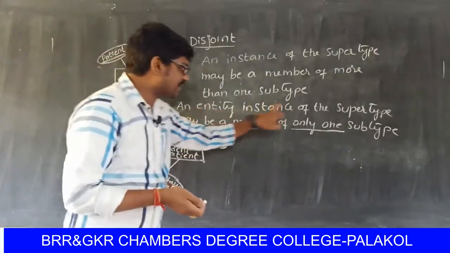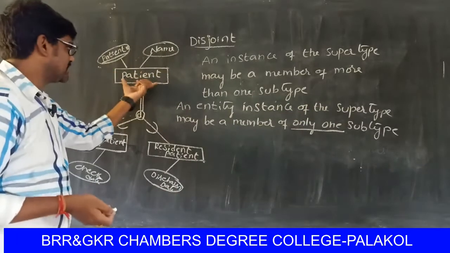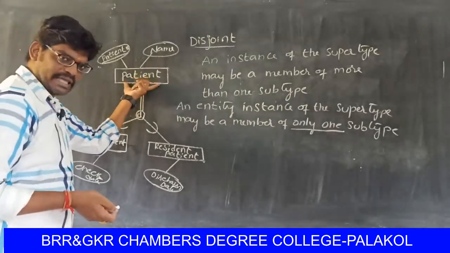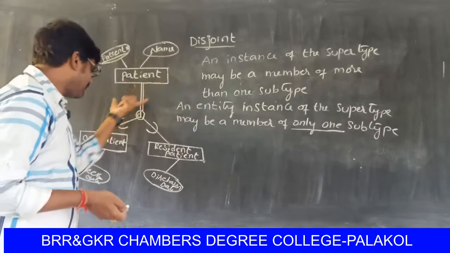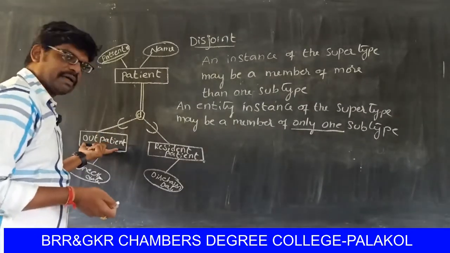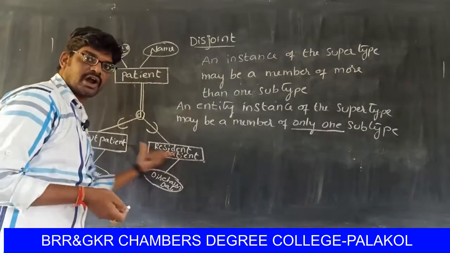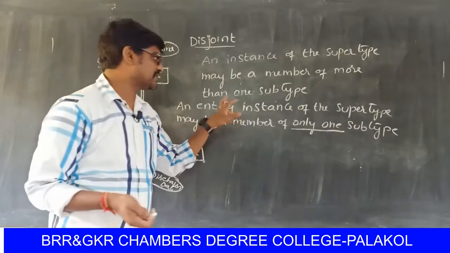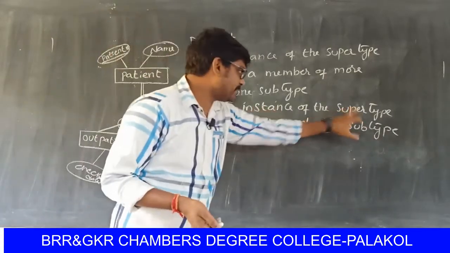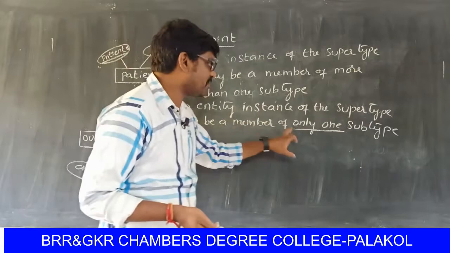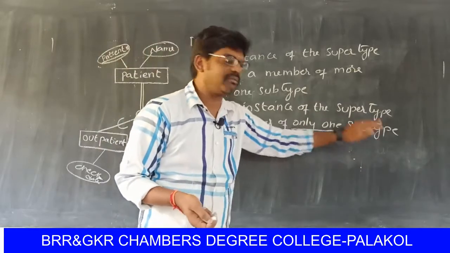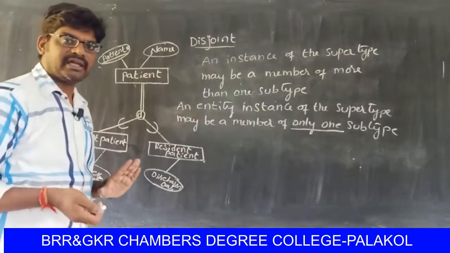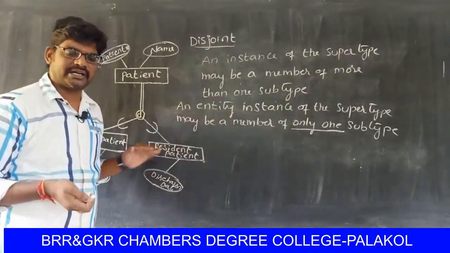An entity instance of the superclass, for example one patient, is a member of either outpatient or resident patient, not both. So this is the example of disjointness. An entity instance of the supertype may be a member of only one subtype, either outpatient or resident patient. I hope you are understanding.